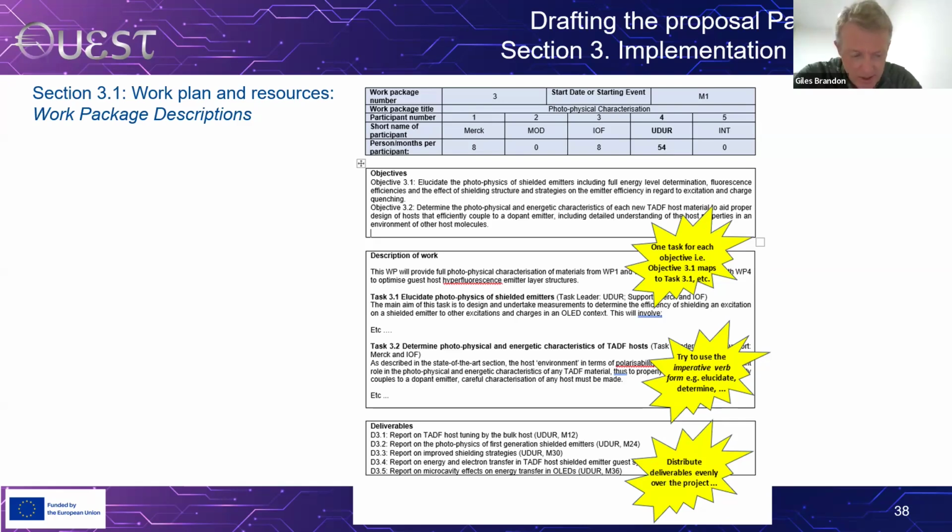One of the other things I notice, and it's understandable for people who are not native English speakers, is that it's difficult writing this kind of text. And you can fall into the trap of using language that sounds a little bit too passive. So I say to people, when you're writing these objectives and tasks, with the verbs, try to use the imperative form.